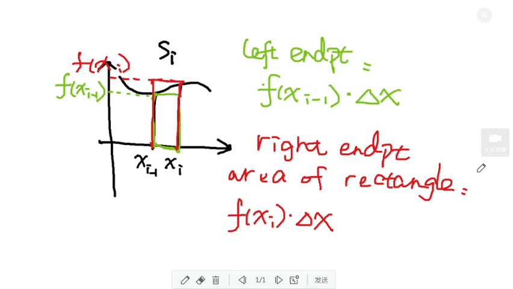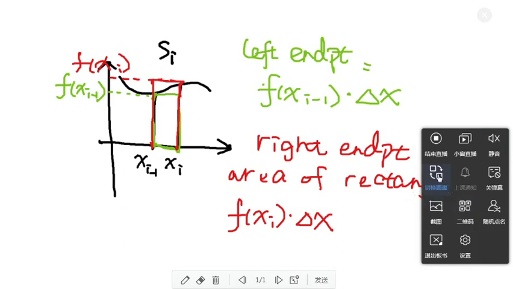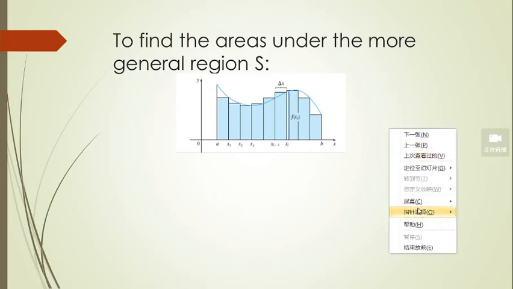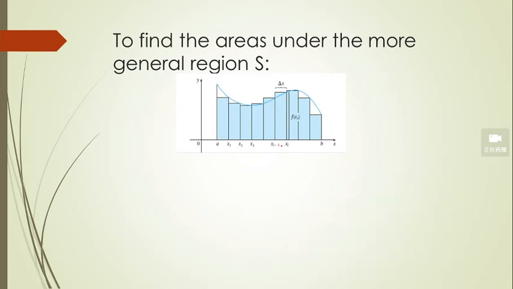Now let's come back. With a different color, it's more clear to check the left and right endpoints. If we look at this graph, this is the i strip, and the i subinterval has xi minus 1 as the left endpoint and xi as the right endpoint.